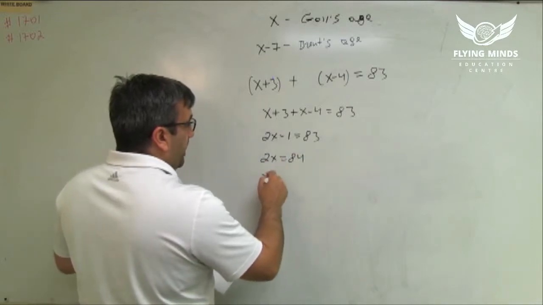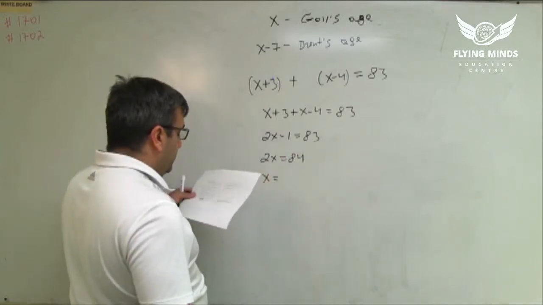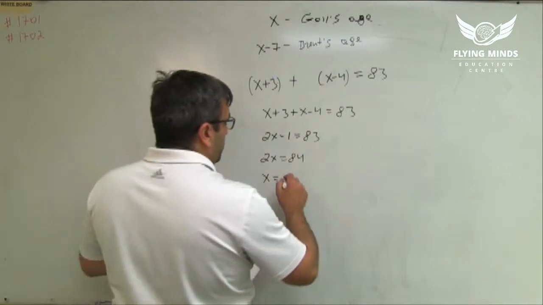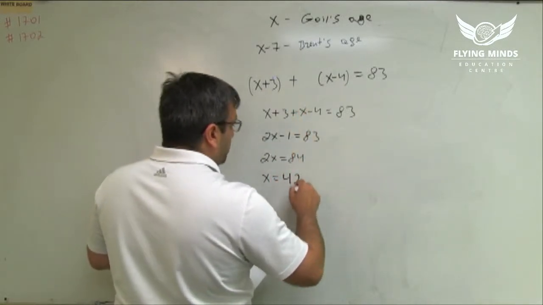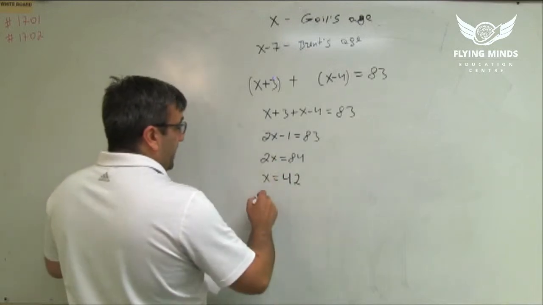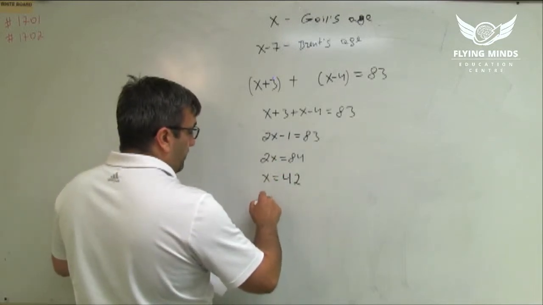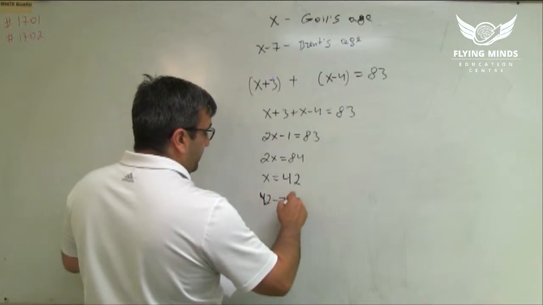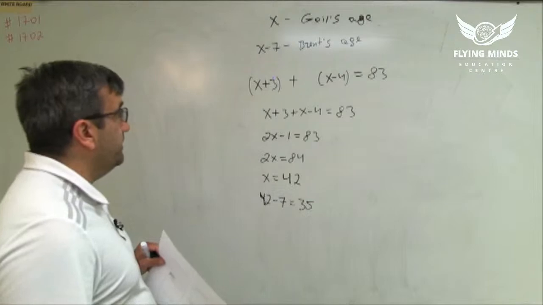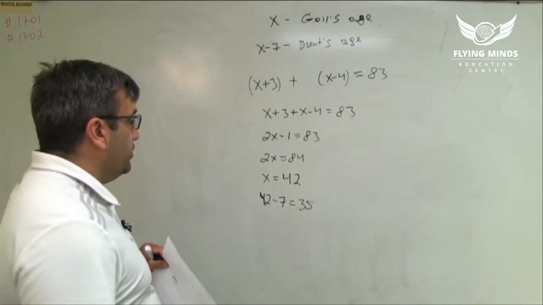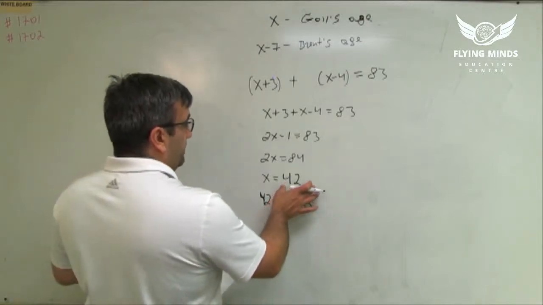And divide by 2. 84 divided by 2 is 42. Okay? So Brent's age will be 42 minus 7 equals 35.